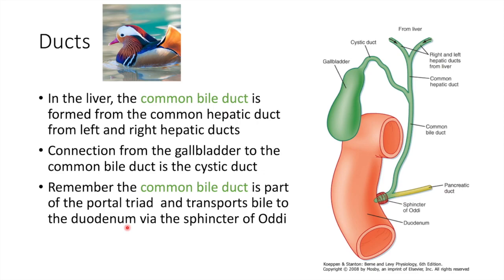Okay, let's talk about ducts, and we're not talking about these type of ducts. In the liver, the common bile duct is formed from the common hepatic duct from the left and right hepatic ducts. And so here's the common bile duct. Here's the common hepatic duct coming from those right and left hepatic ducts.